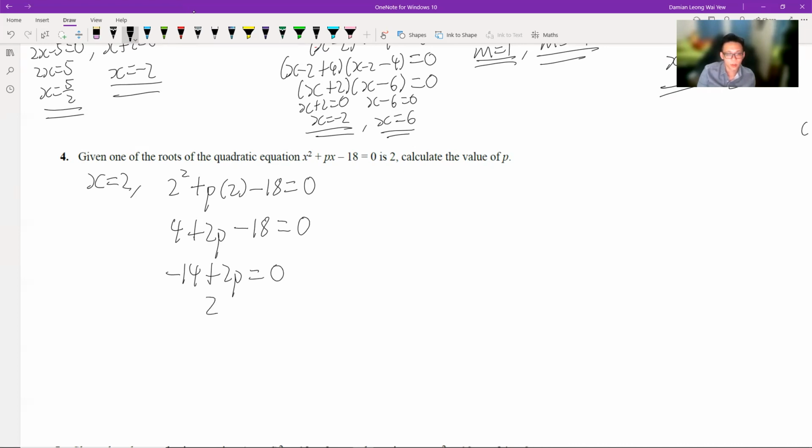Minus 14, opposite is plus, so 0 plus 14 is 14. 2p means 2 times p, so opposite of times, divide. So p is 14 divided by 2, which is 7. Then I get the value of p equals 7. That's for question 4 here.